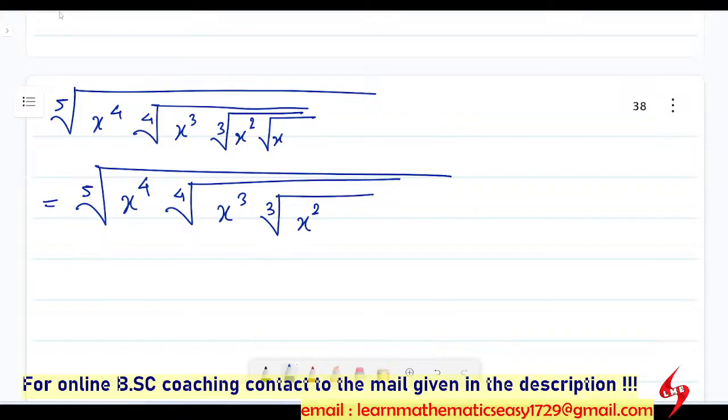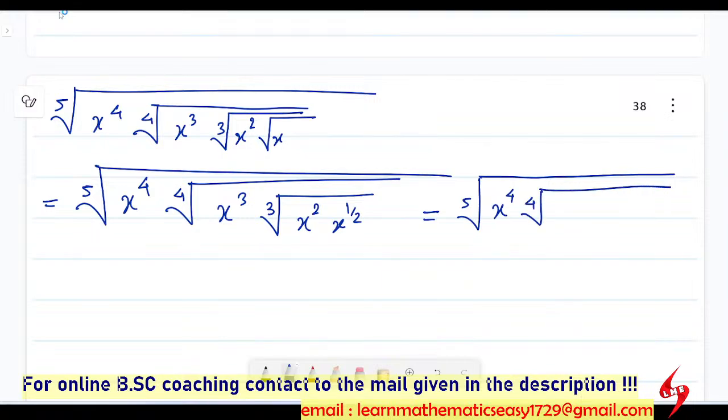So here root over x means x to the power half. So that will be 5 by 2. So I am writing here as well 5 by 2.